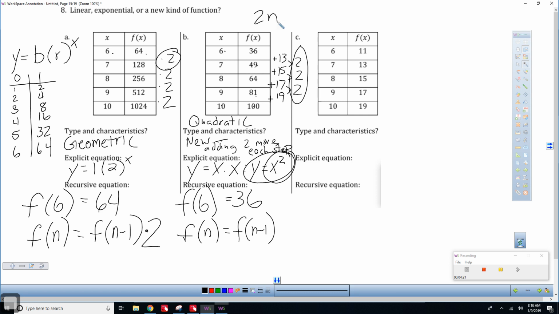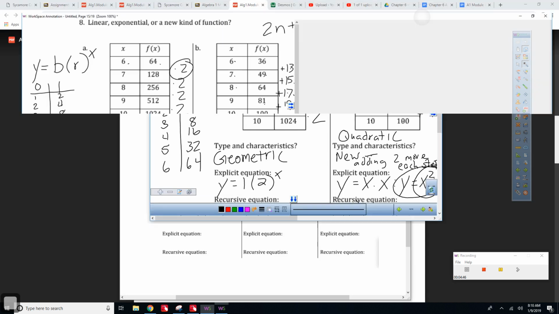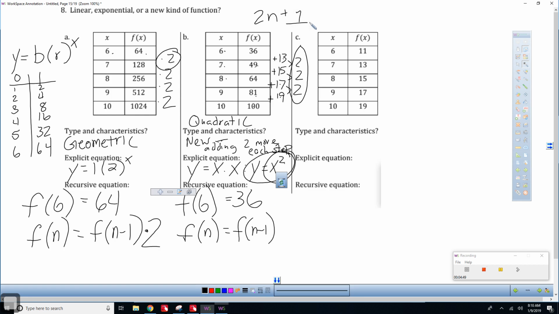We added 13. Well, that's 12 plus 1. What did we add to 49? We added 15. That's 14 plus 1. So this is 12 plus 1, 14 plus 1, 16 plus 1, 18 plus 1. 6 times 2 is 12. 7 times 2 is 14. 8 times 2 is 16. That's what we're adding each time.